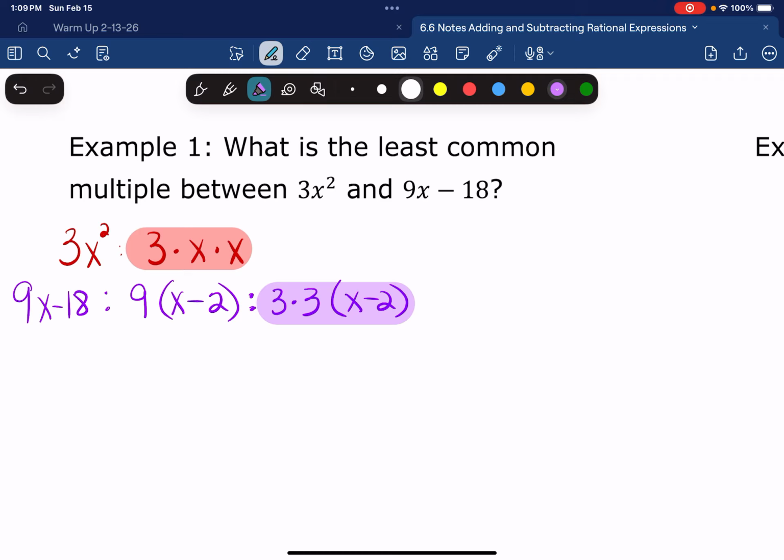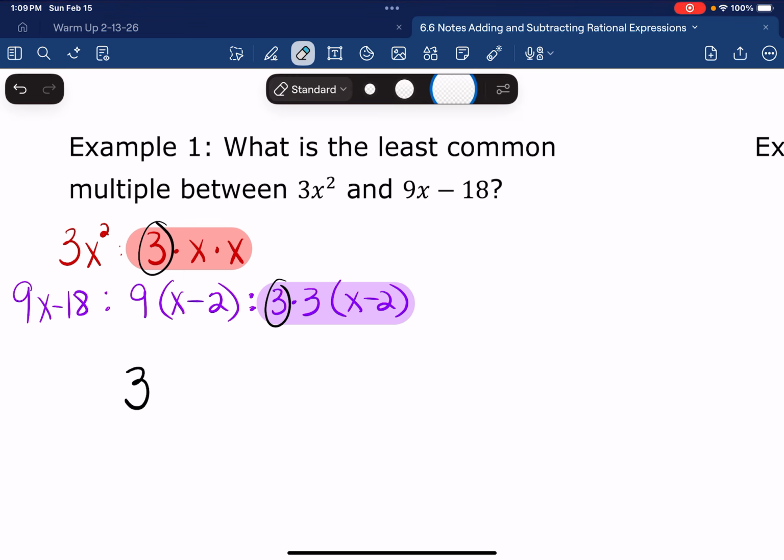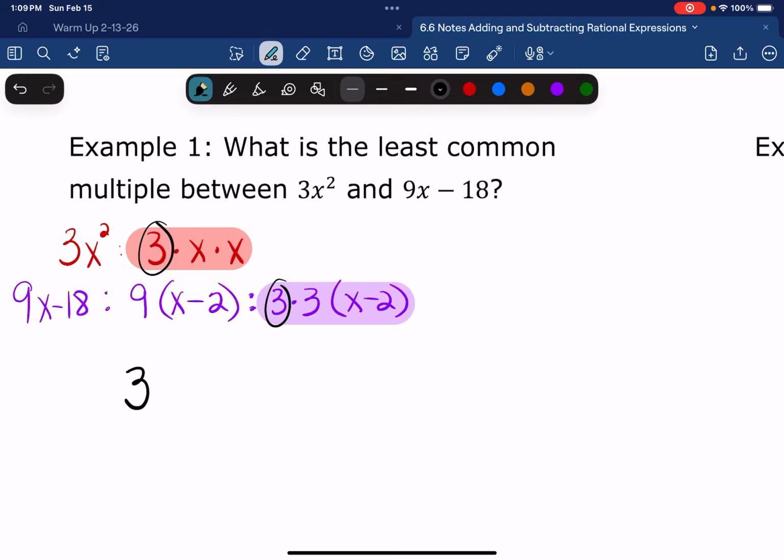All right, so what are the common factors that they both share? Well, I see they both have the number 3, so I'm going to list that one time. Now, what else do these have in common? They don't have anything else, so we've got to list every single other factor out. So this number 3, I need to list again.